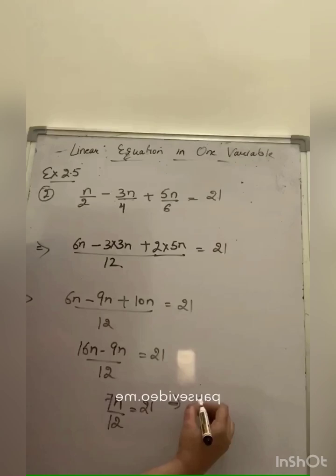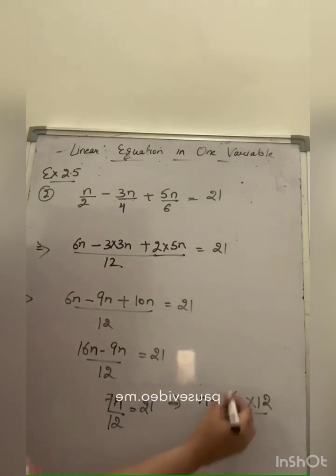This implies n is equal to 21. 12 will get multiplied with 21 and 7 will get divided. So 7 ones are 7, 7 threes are 21, n is equal to 36. The value of n is 36.